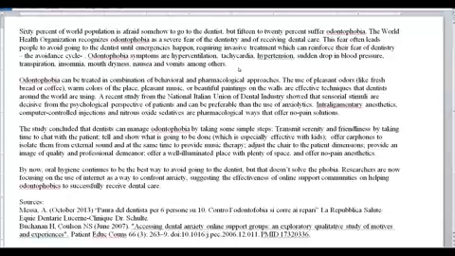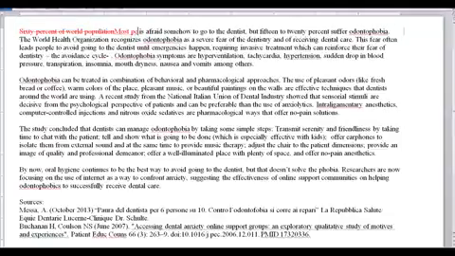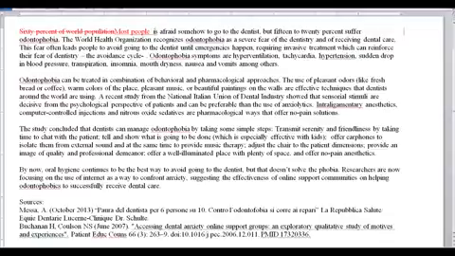So starting with the beginning, 60% of the world's population is afraid somehow to go to the dentist. I'm not sure that we need to be so exact here. I'm not sure where this 60% comes from. So maybe we can just say what everybody knows to be true, which is most people are afraid to go to the dentist. We don't need the word "somehow" here.